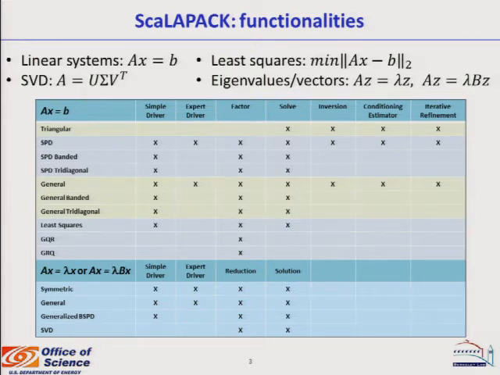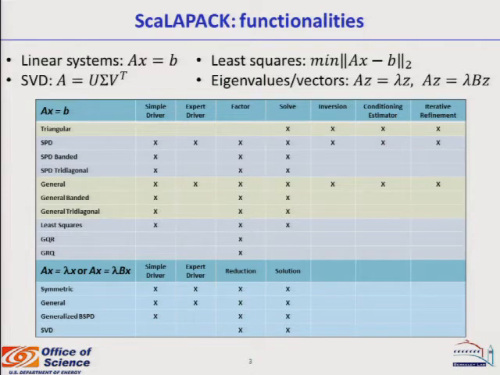You take a matrix A and write it as a product of 3 matrices. Two orthogonal in the real case, U and V, and 1 diagonal matrix sigma, which contains the singular values. You can solve least squares problems, the minimum of the 2-norm of AX minus B. And you can also compute eigenvalues and vectors.